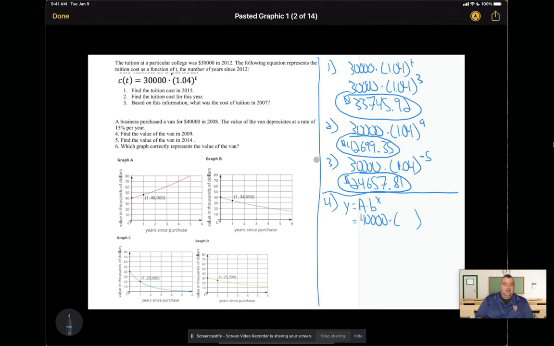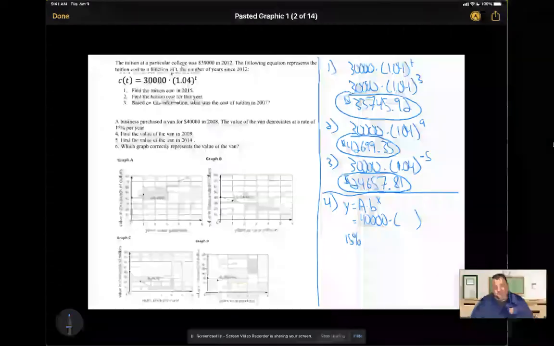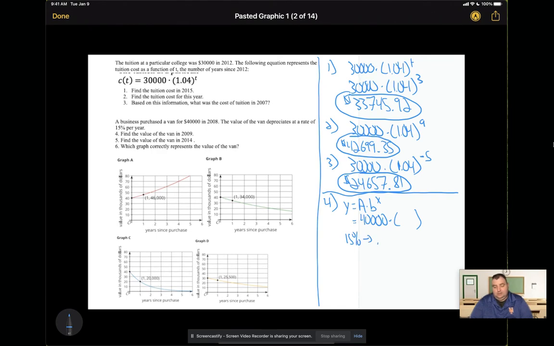Now in this case, we are going down at a rate of 15% per year. So I know that 15% is 0.15. So my decay factor is going to be 1 minus 0.15, since I'm going down. So 1 minus 0.15 is going to be 0.85.